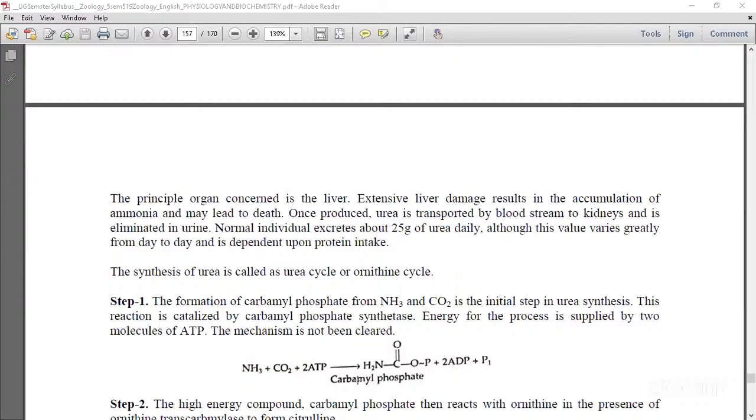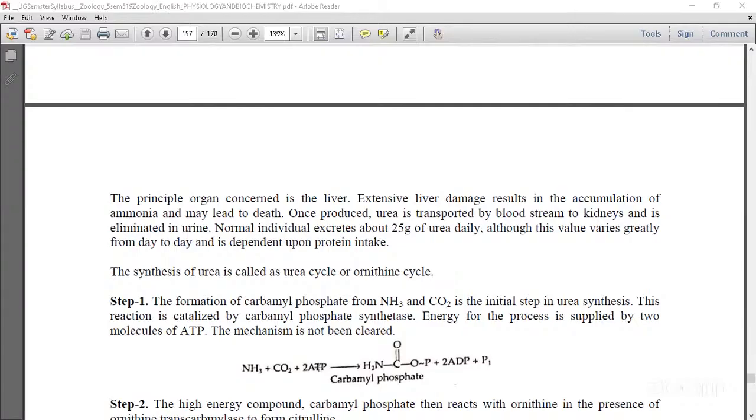The reactants are ammonia, carbon dioxide, and two molecules of ATP, which supply the energy for the process.